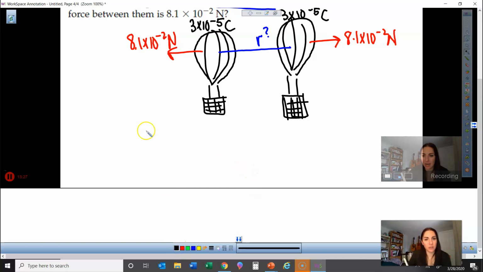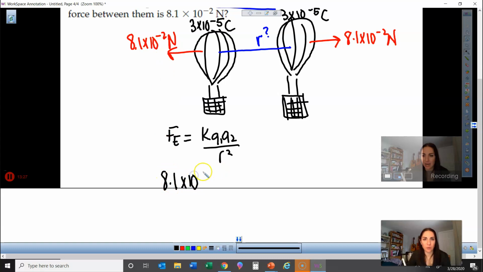So, here's our equation. The electric force is k Q1 Q2 over r squared. I'm going to go ahead and apply the following information. Notice that I put both forces here. That's the force they're being pushed apart by, but you just need one of them here. You don't need both.